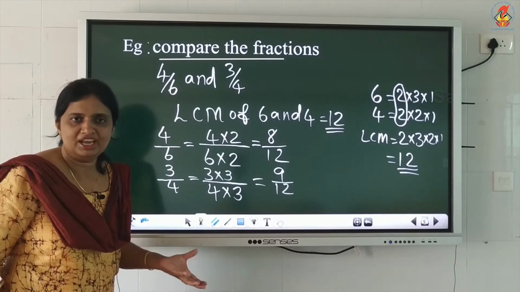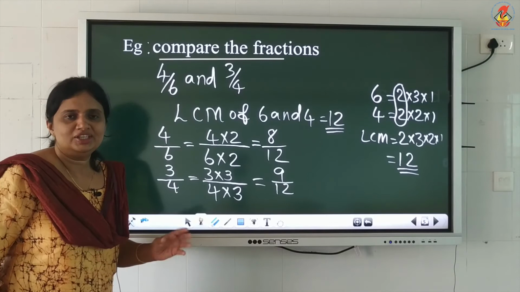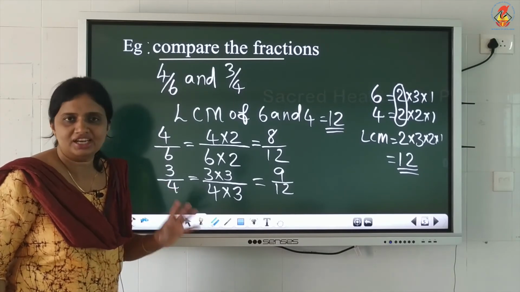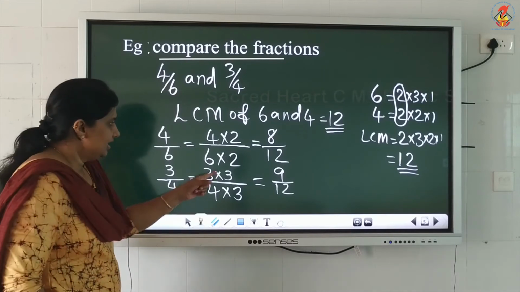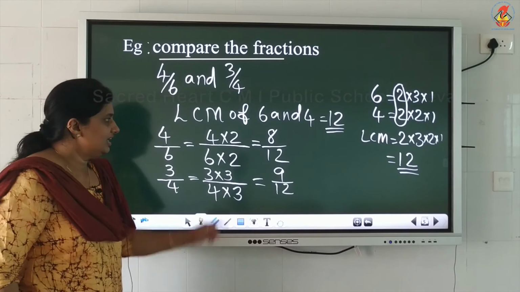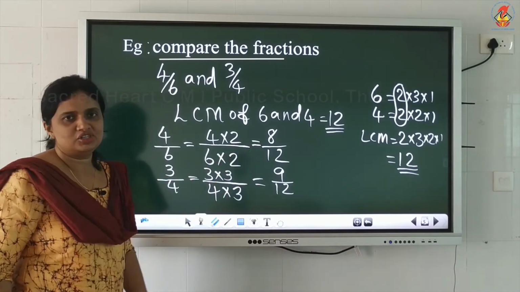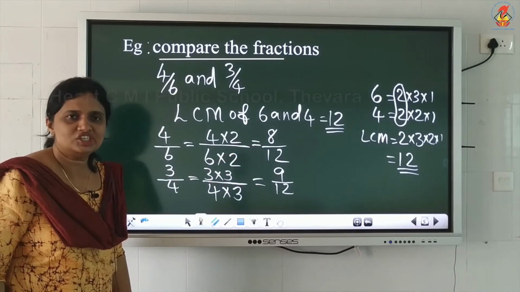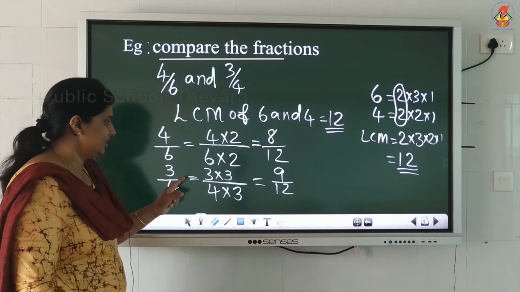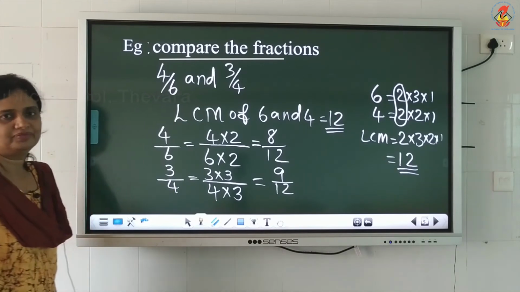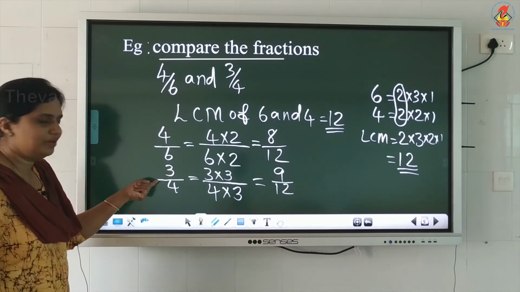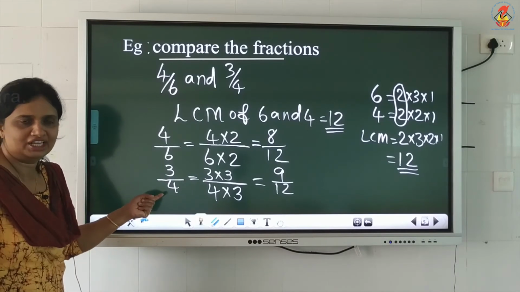How can we compare like fractions? The fraction with the greater numerator is the greatest fraction. See, which are the fractions? 8 by 12 and 9 by 12. Which one is greater? 9 by 12 is greater. That means what? 9 by 12 is which fraction? 3 by 4, right?